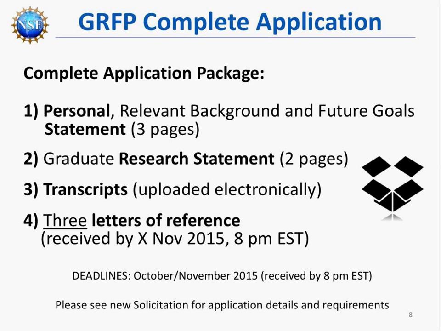There is a 3-page limit, and I encourage you to really embrace all the requirements for those documents which are outlined in the solicitation. The research statement has a 2-page limit. You also have to upload transcripts and 3 letters of reference.